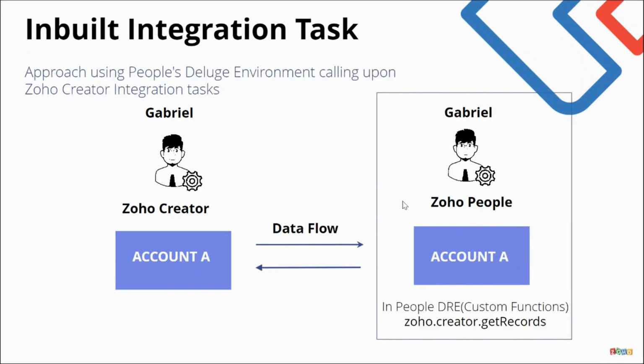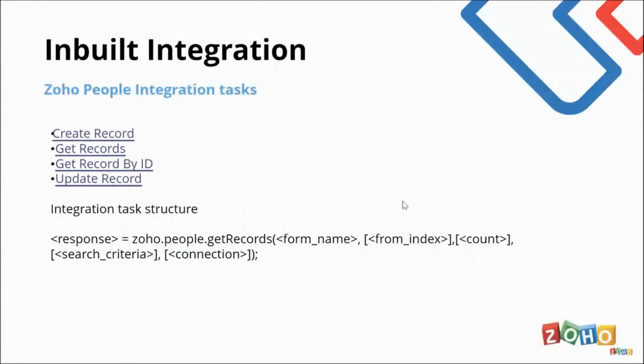And consider another scenario wherein you're using Zoho People's Deluge environment. Zoho People comes with the option to add custom functions and custom workflows. So if you're using Zoho People's Deluge environment, you should be going with Zoho Creator's inbuilt integration task to send or retrieve data from Zoho Creator.